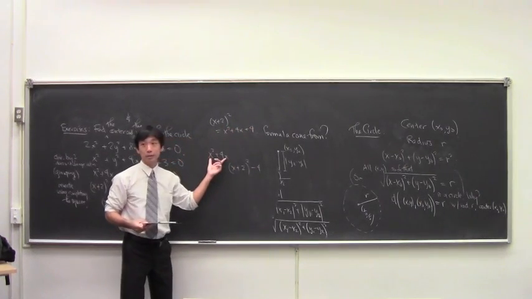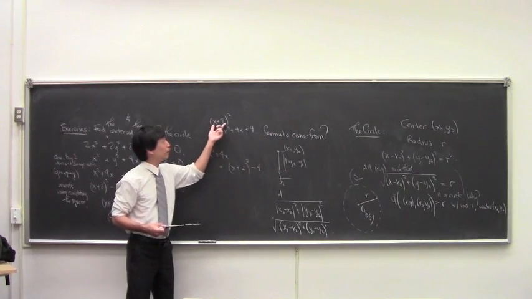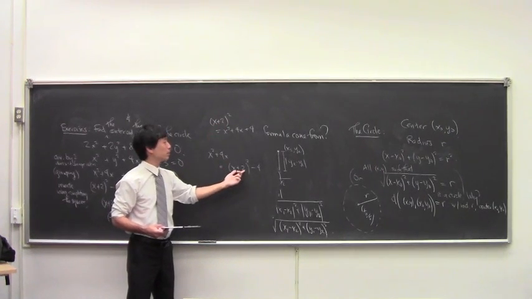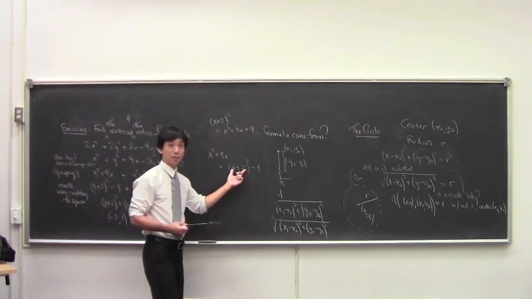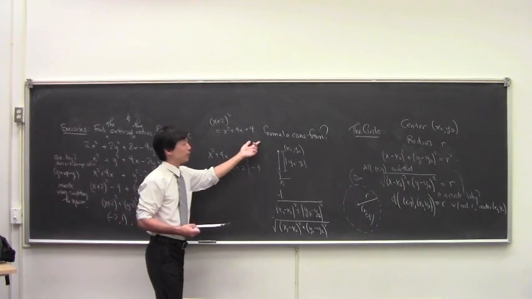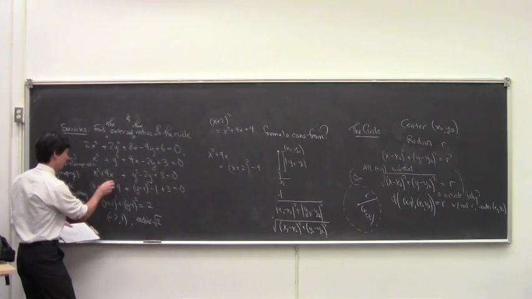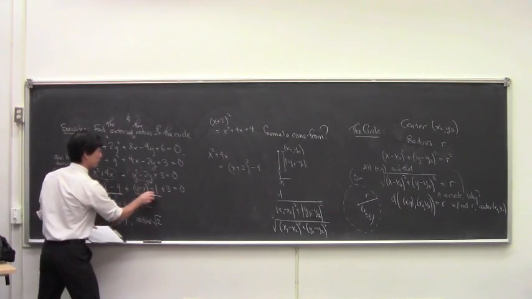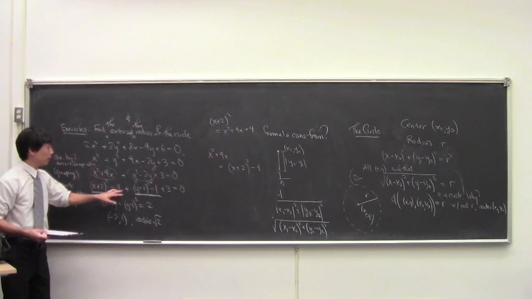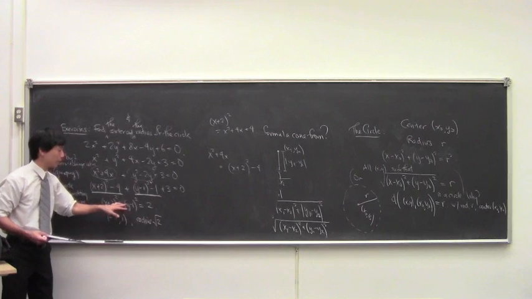And so you have this thing and you're thinking, I'd like to make this into a square. Well, the square that's most likely to work is this guy, x plus 2 quantity squared. But this isn't x plus 2 quantity squared. We have to subtract out the constant term to make it equal. So this thing turns into this. And now we've got it in squared form, and then we make it look like a circle.